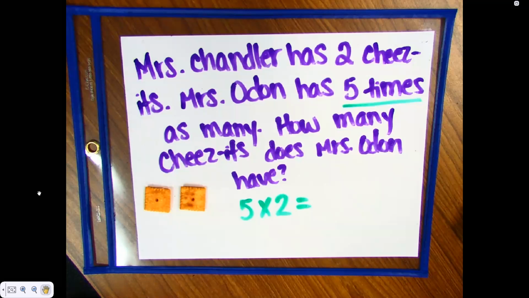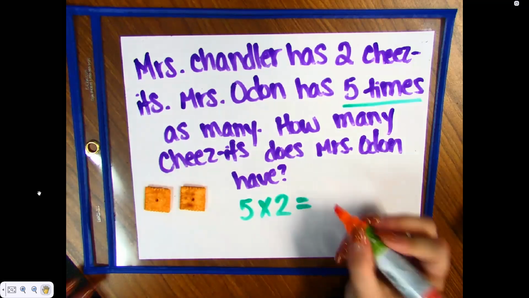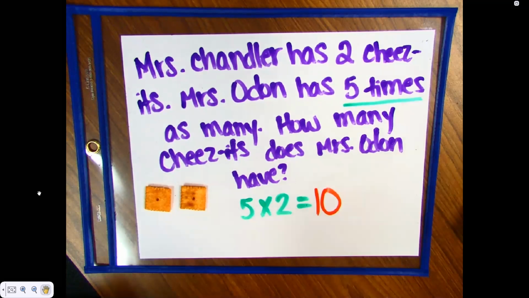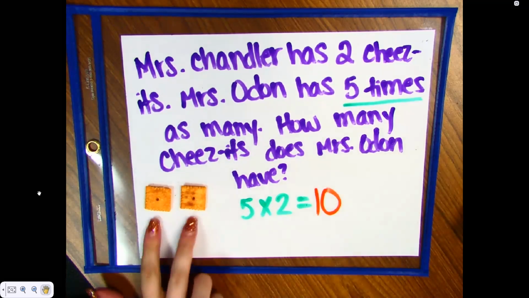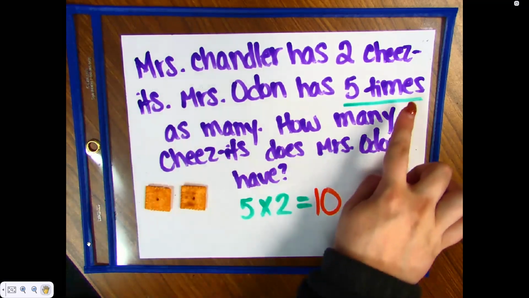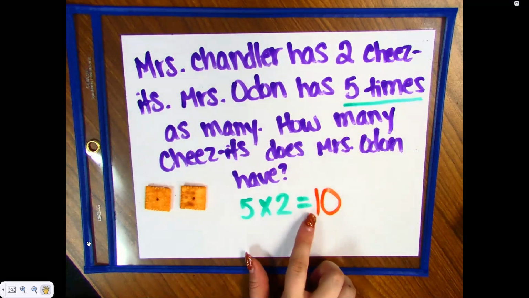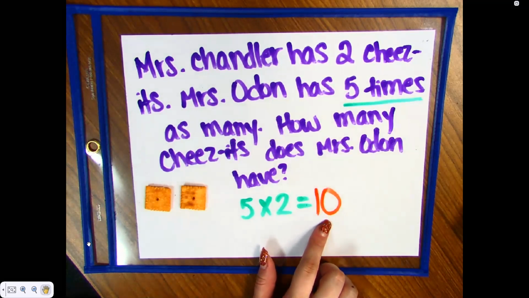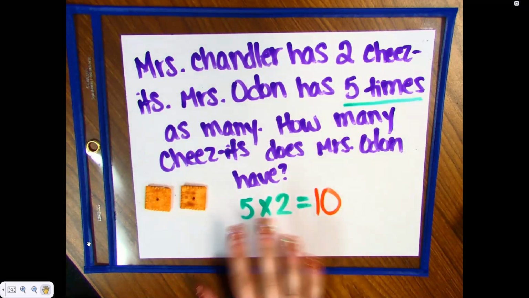Dimitri, what's 5 times 2? Oh, Dimitri, you're muted. 10. Okay, so I know I have 2, and now I know, since Miss O'Dawn has 5 times as many, she has 10. Okay? Does that make sense?